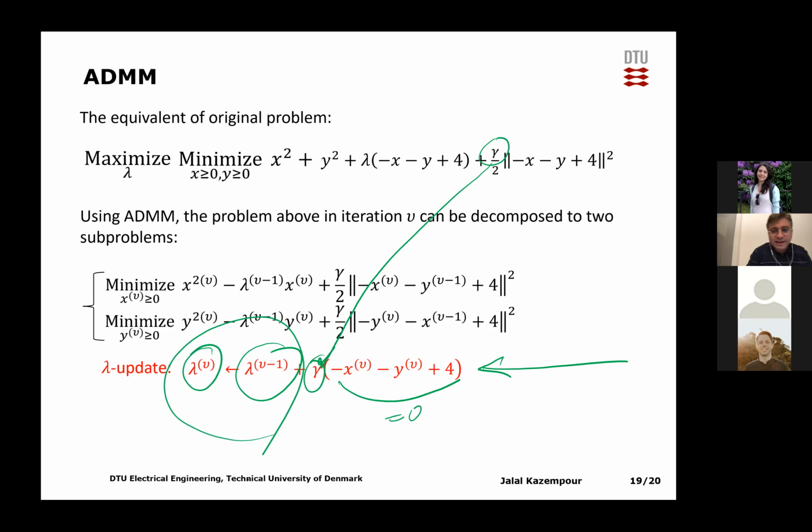It means that the value of lambda is not changing anymore over iterations when we reach convergence. Again, based on Boyd's paper, we have to check the convergence of lambda. Also, we need to check the residuals of the complicating constraint. Both of them should converge. And of course, they are the same thing, right? Yes. Any question?